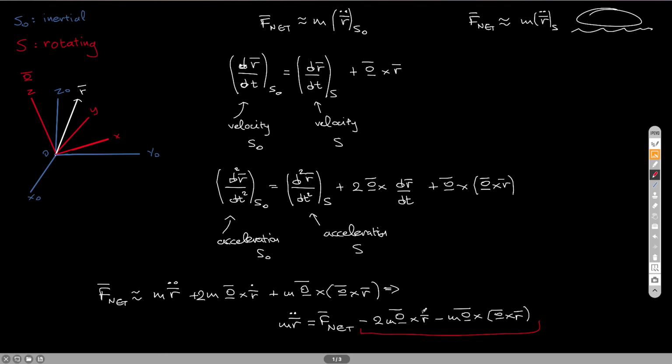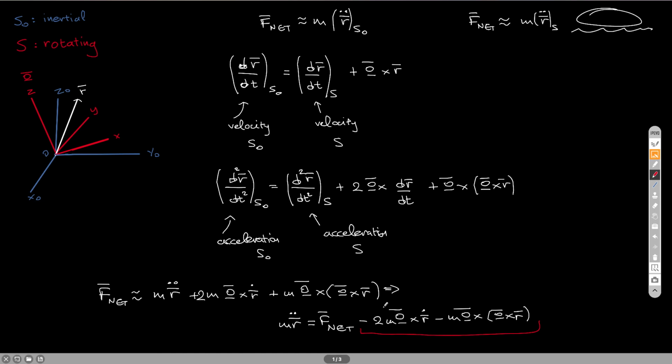Now, even though these two terms are not due to an interaction, it is important to remember the acceleration in the rotating frame of reference does depend on those two terms. You cannot neglect them just because they are not due to any interaction. They do mathematically affect the acceleration that you measure in your rotating frame of reference.